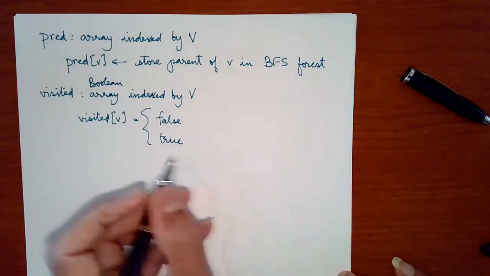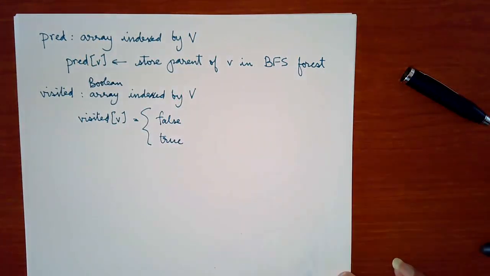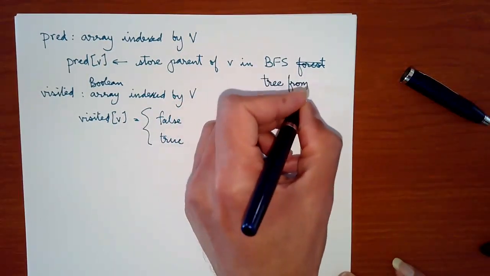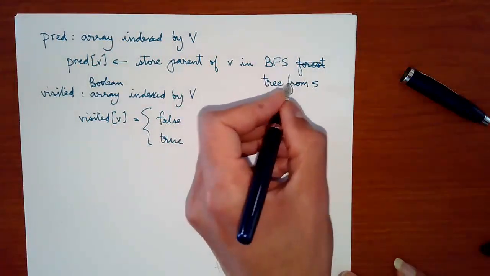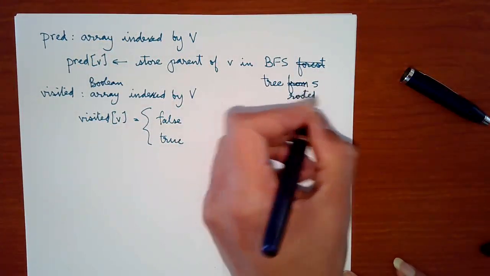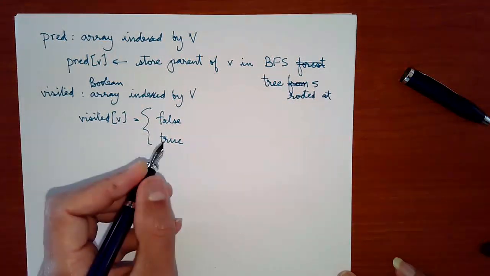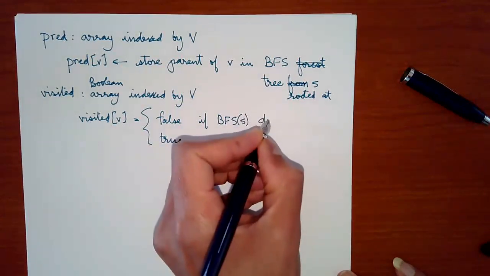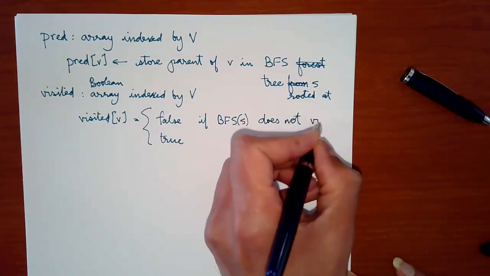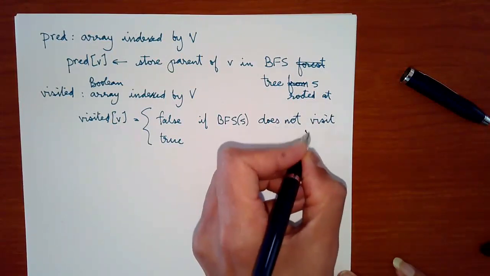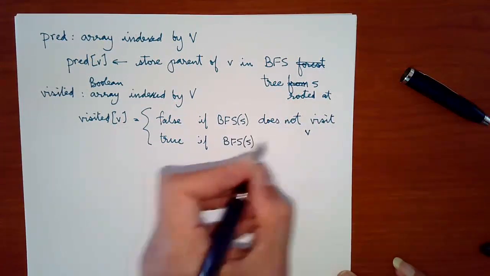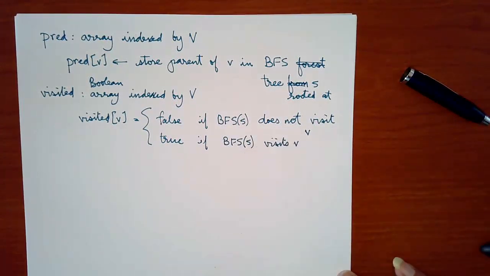Let me change this: I should say the BFS tree rooted at S. Visited of V is going to be false if BFS S does not visit V, and true if it visits V. Okay, so here's your graph.